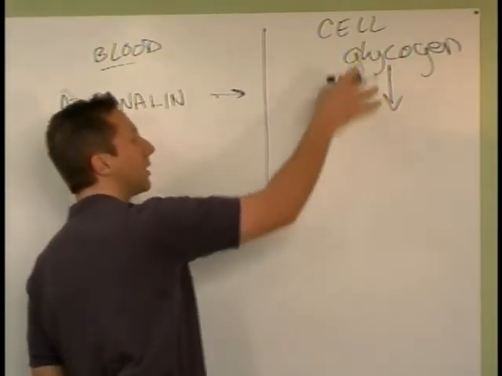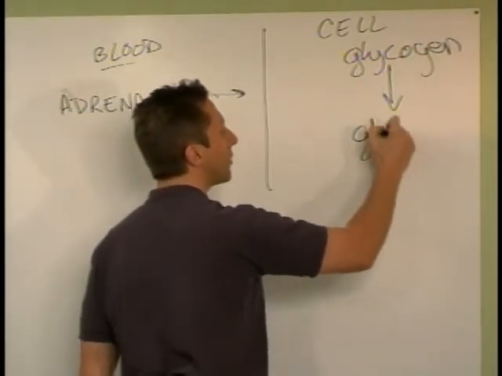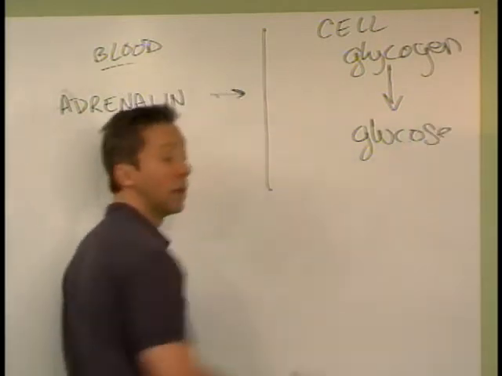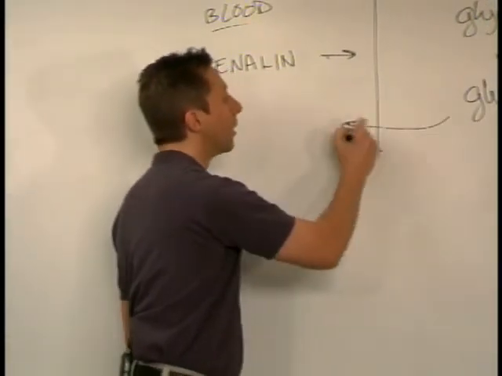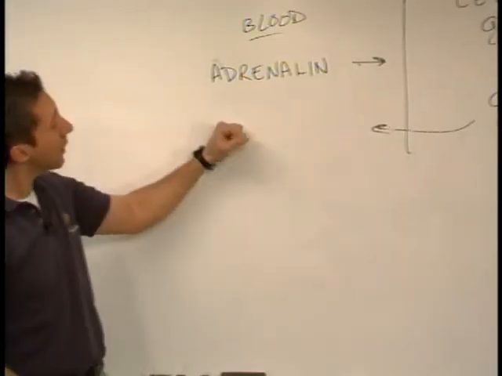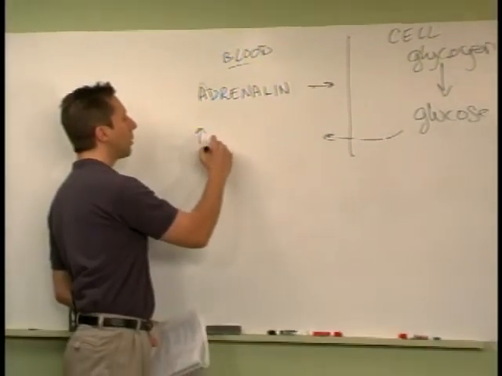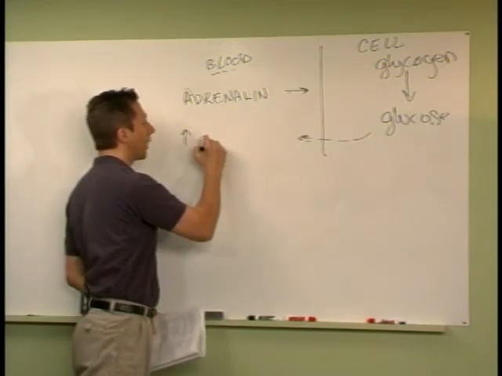It's the large storage form of... Yeah, large carbohydrates. Storage form of glucose. Glycogen is broken down within the cell in the presence of adrenaline into glucose. And then somehow this glucose comes from within the cell to out of the cell, and we increase the glucose concentration in the blood outside the cell.